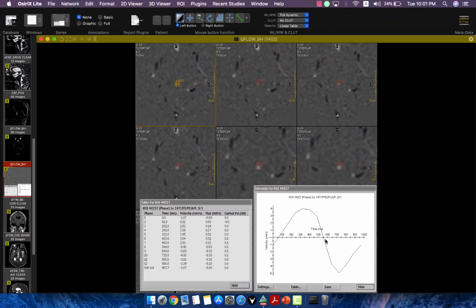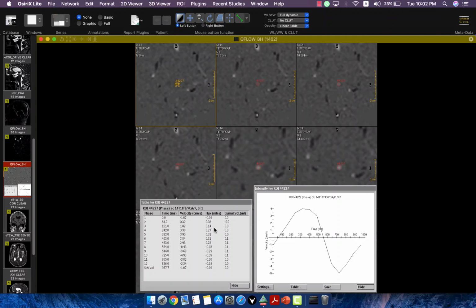Here the duration of the systole is from 1050 to 550, so the duration is about 500 milliseconds. By multiplying 500 milliseconds by the mean systolic flow, this will give the stroke volume.